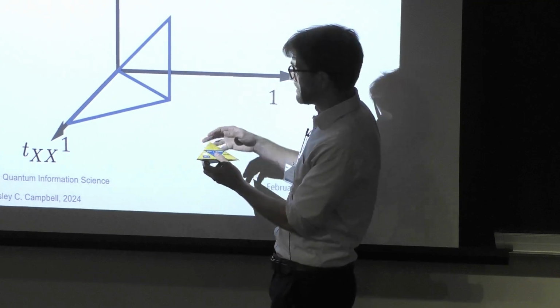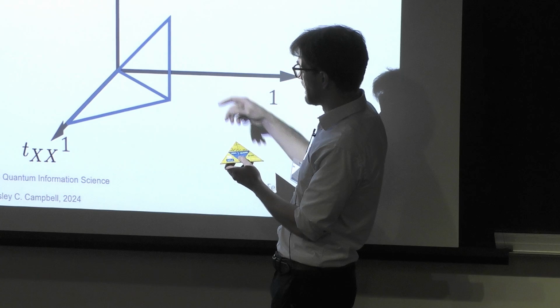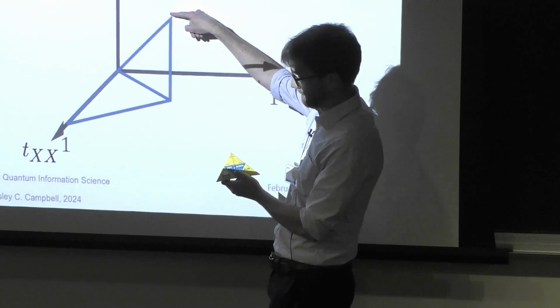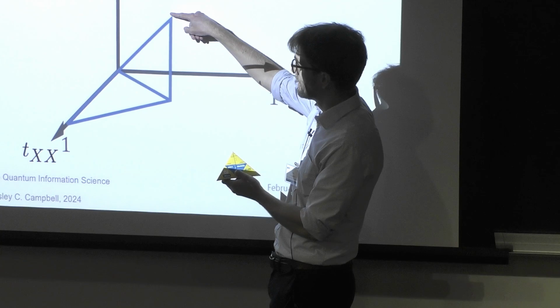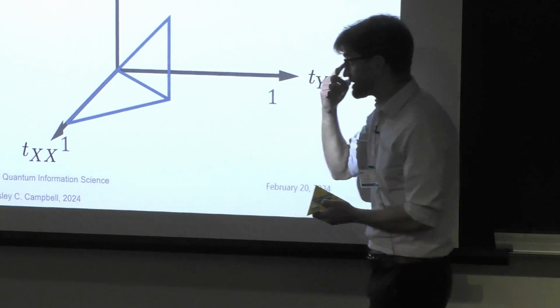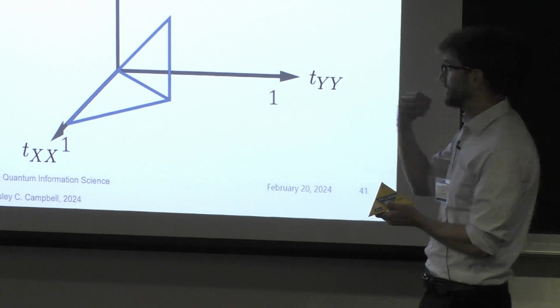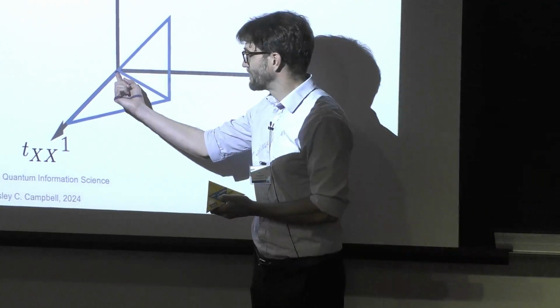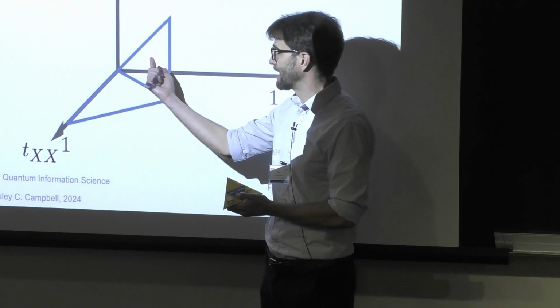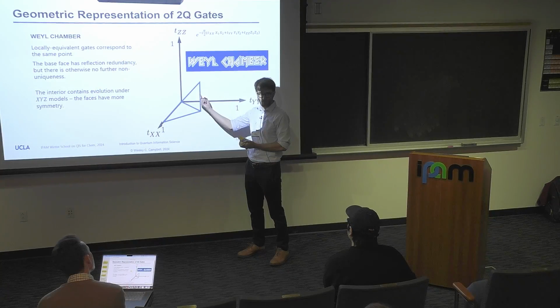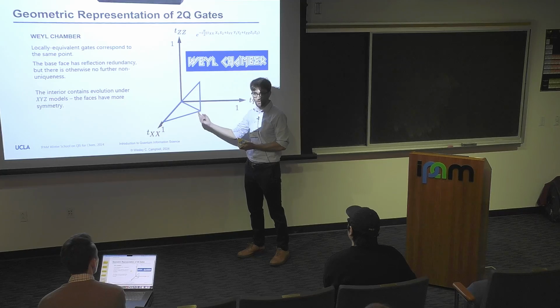Swap lives at the apex. That's a swap gate. If you think about time evolution as increasing the exponent, then what you're doing is you're basically starting at the origin and walking out as a function of time on a ray here for just the non-local part.